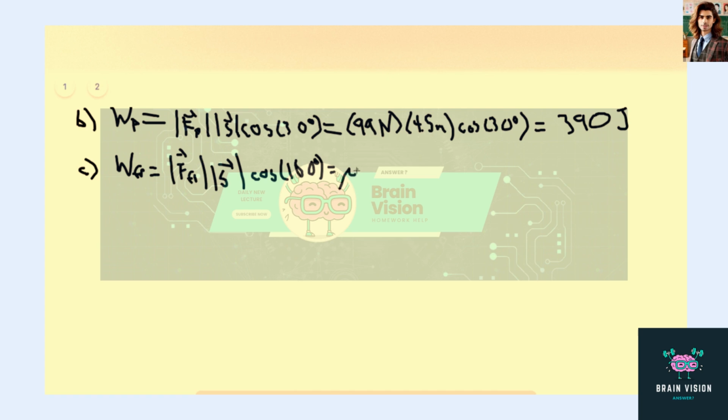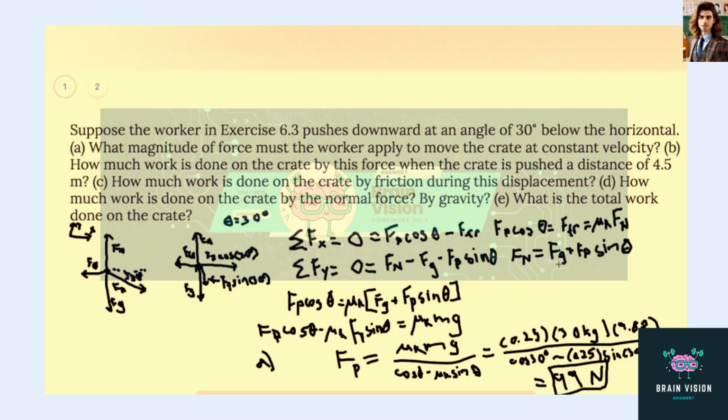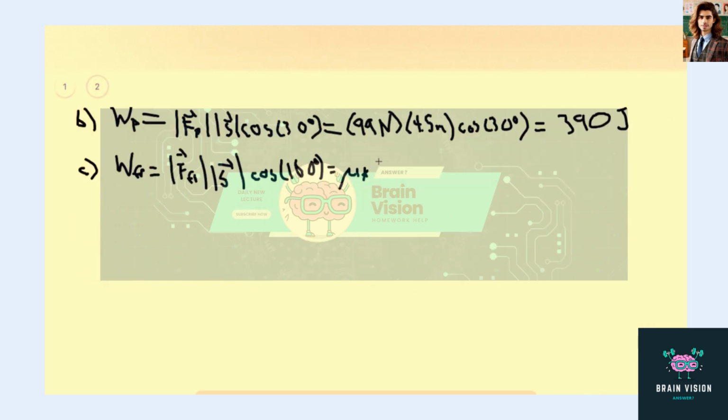And we have mu k times Fg plus Fp sine of theta, put some brackets around this, and similarly we just have s times -1.